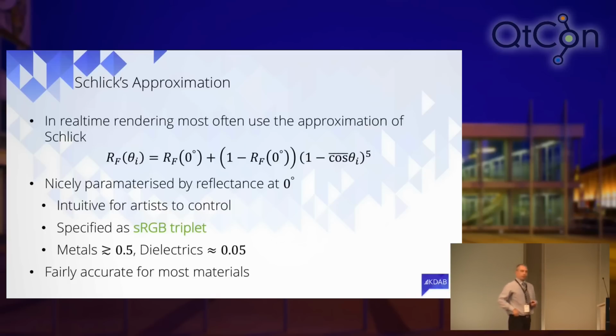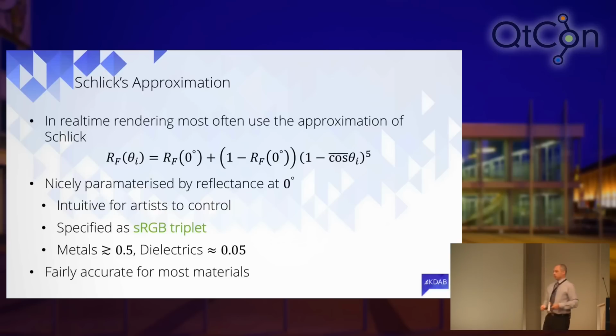So that's saying that if we choose a color that an object is when the light is shining straight down on it, we can use this simple function, which just does an interpolation, to work out how much light is reflected at any angle. Now that's actually very, very nice, because our artists can just come along and say, okay, yeah, that's gold. I know when I look straight down on gold, it's a gold color. I'm going to pick that from my color picker.